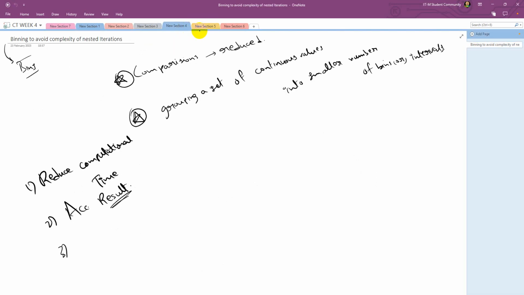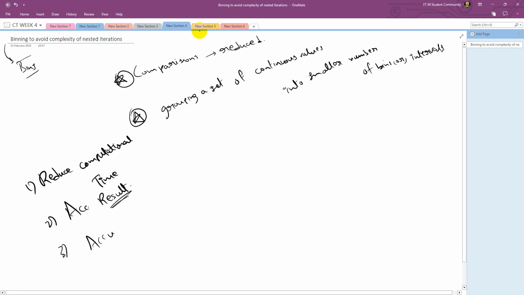I hope you all are clear, guys. So by grouping or binning similar values together, we can streamline the analysis process to take some decision. And also binning can improve the accuracy and efficiency of our result.